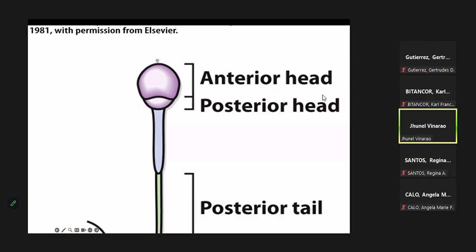Acrosome integrity. Because if the acrosome is damaged, like let's say a lot of sperm cells are found in the semen, and the integrity of the acrosome is very low, it can no longer fertilize, because it has no enzyme to digest the layer of the egg cell. And what else do we do? We also evaluate the membrane integrity.